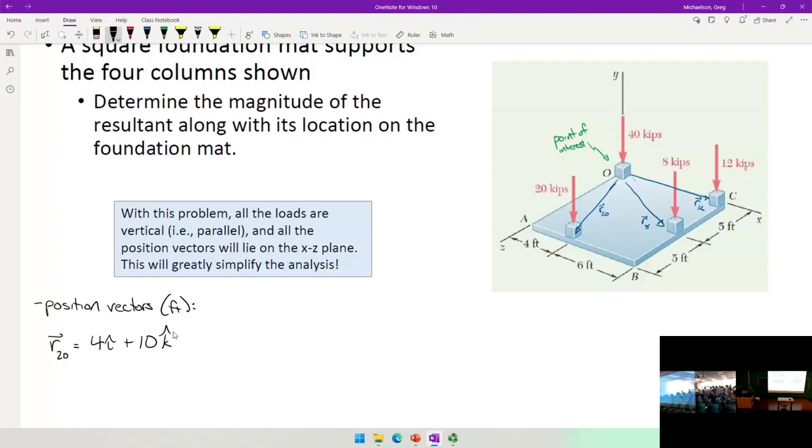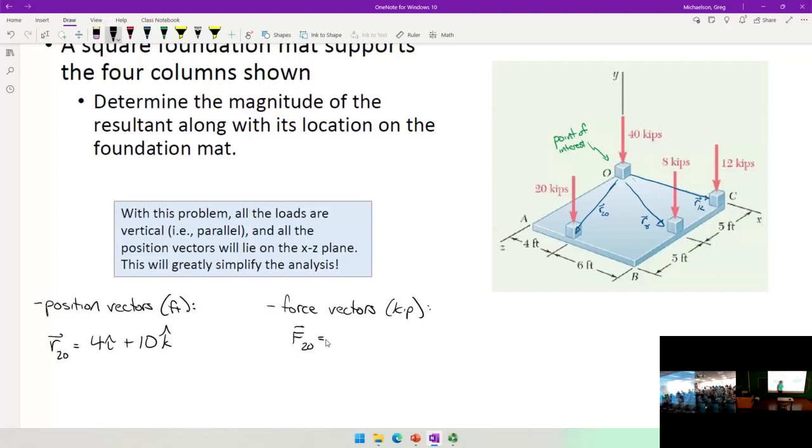Now, associated with that, let's make sure we're clear on this. That associated force vector, how am I going to describe it?